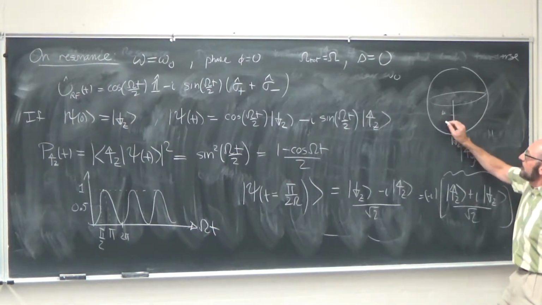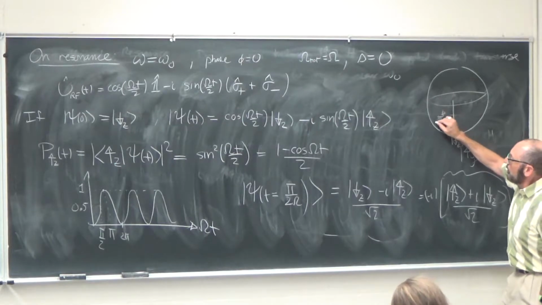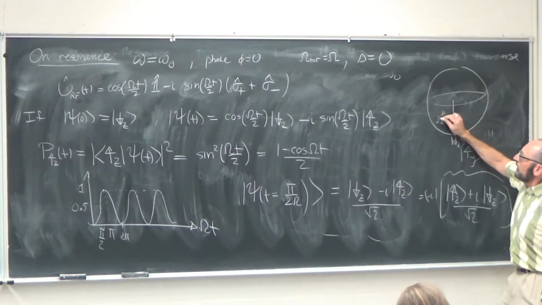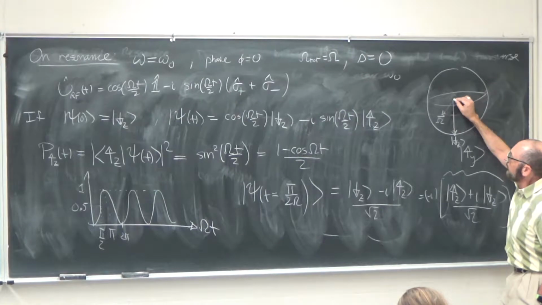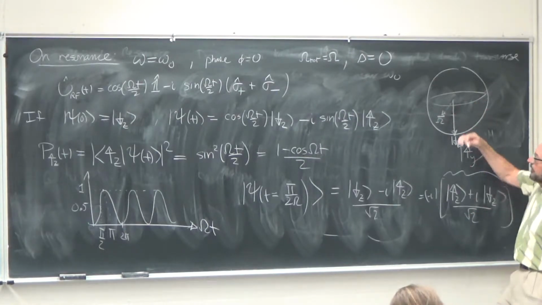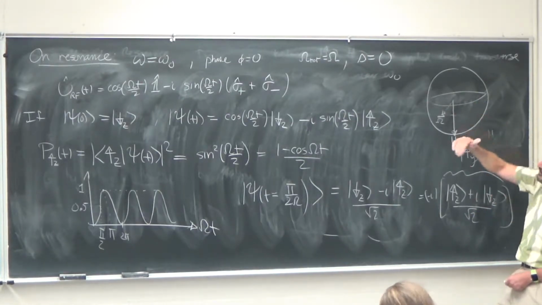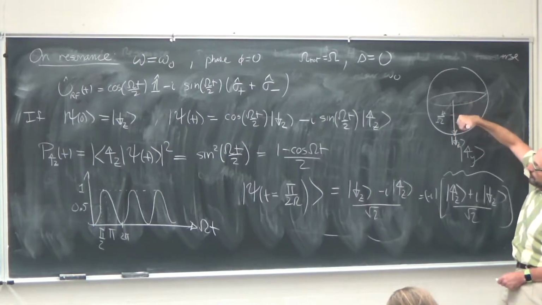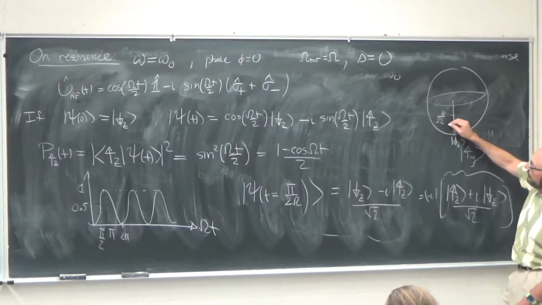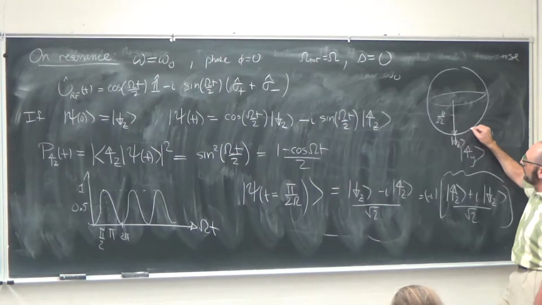So this is where my total Rabi frequency is a vector, it's a torque vector along the x-axis. And the system precesses around that torque vector at a frequency given by the magnitude, which is the Rabi frequency.